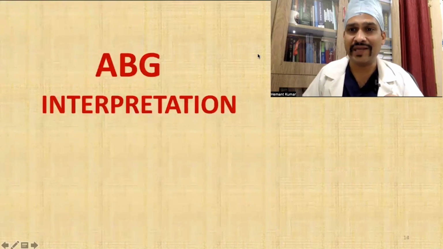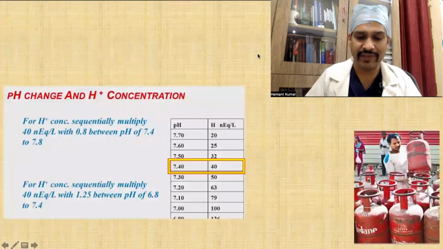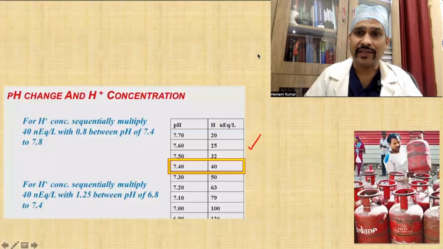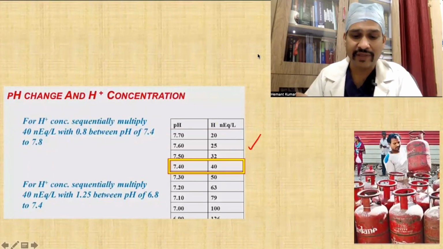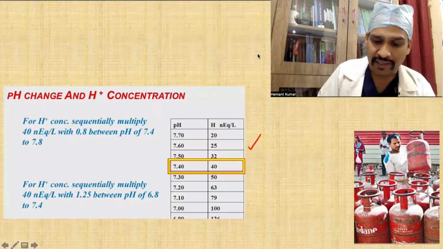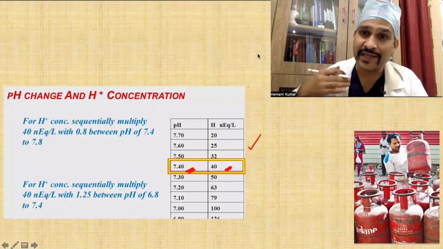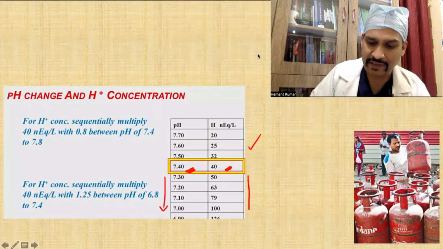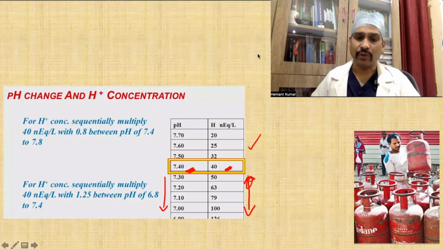Now coming to ABG interpretation. For ABG interpretation, we have to remember this table. In this table, we can see the relation between pH and H+ concentration. At 7.4, the H+ concentration is 40. When pH decreases, the H+ increases.